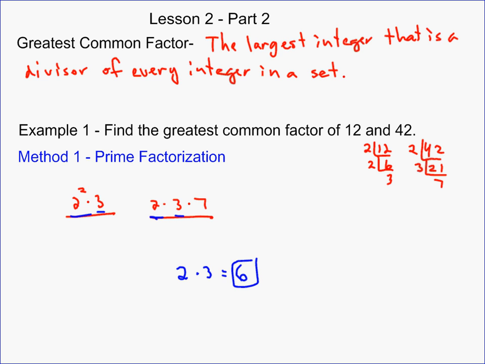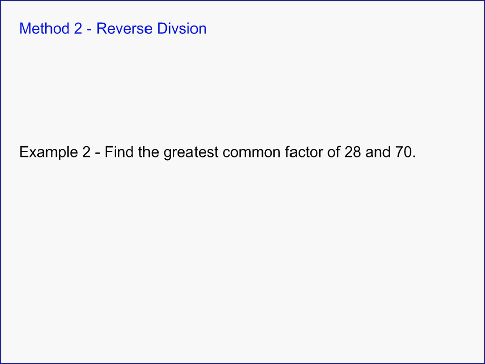Okay, the second method you could use is reverse division. And so this is basically looking at the 2 numbers together using reverse division. So what we do here is we do 12 and 42. And what we're looking for when you do reverse division is any number that goes into every number inside that reverse division. For it to be the greatest common factor, it has to go into all of them.